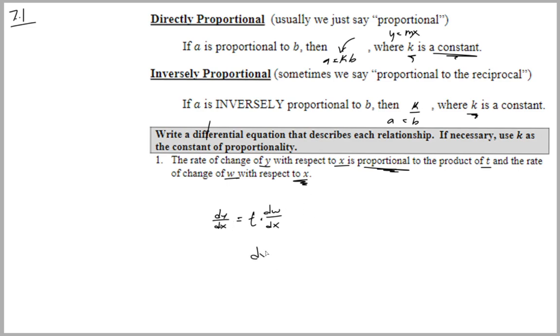So dy/dx equals k t dw/dx, and that's the answer.